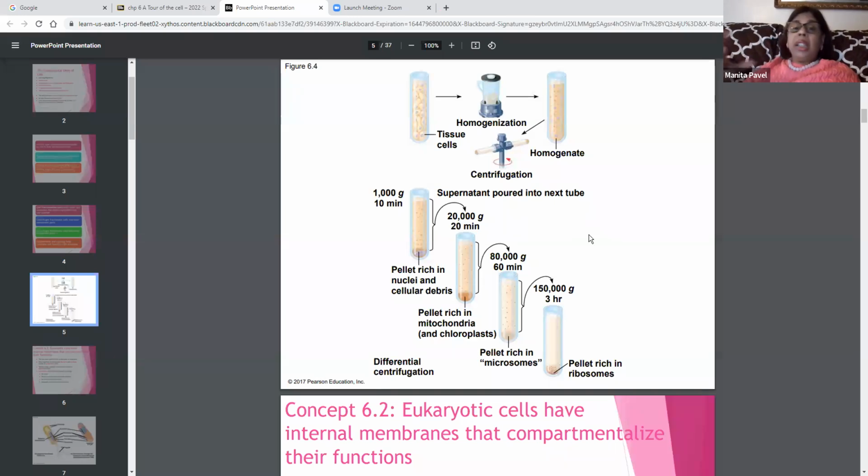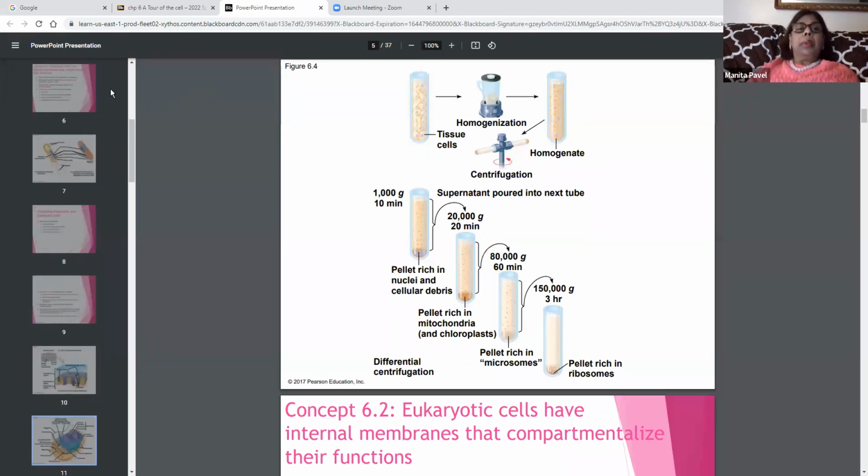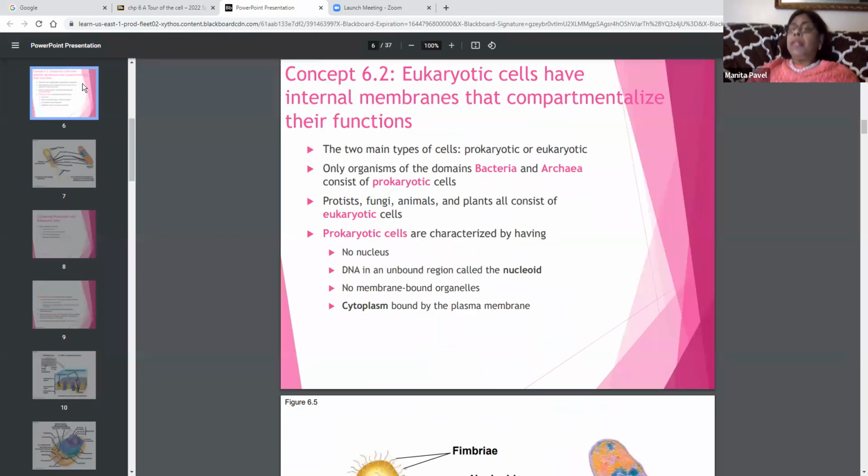If you spin it at 80,000 for 60 minutes, you can now separate the microsomes. And at 150,000 G or RPM for 3 hours, now you can separate the ribosomes. So depending on the time intervals for each of these cellular components or organelles at different speeds, you can now separate different organelles.